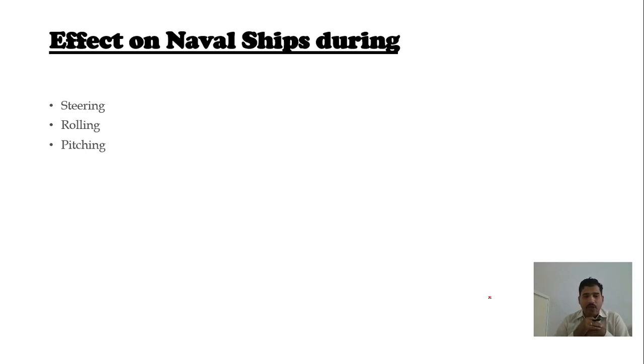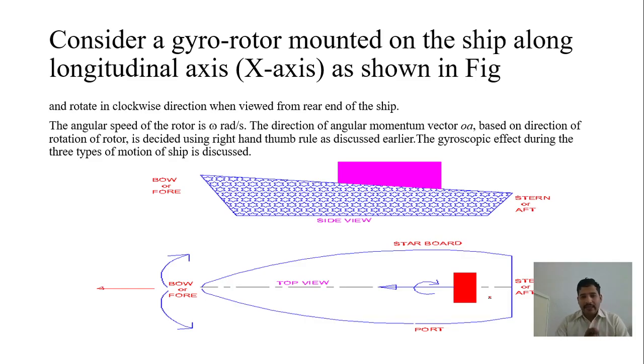The first one we are going to learn is the steering effect on the naval ship. Let us consider an observer observing from the stern.